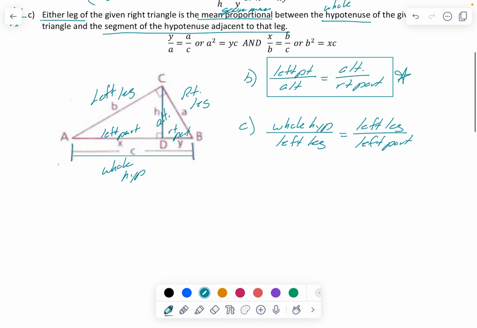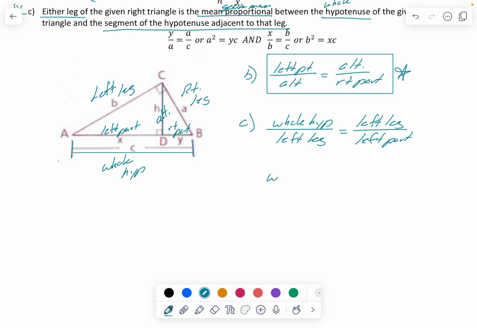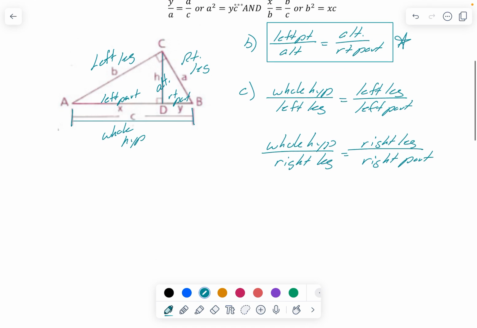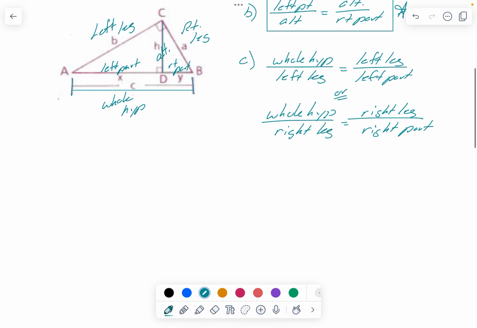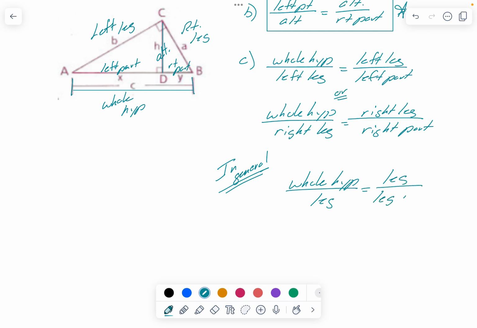So that's one. We also could write a similar proportion for the right leg, or the right part. Okay, so we have those two. Now, in general, if you just want to remember one thing, that means whole hypotenuse over leg is equal to leg over leg part.